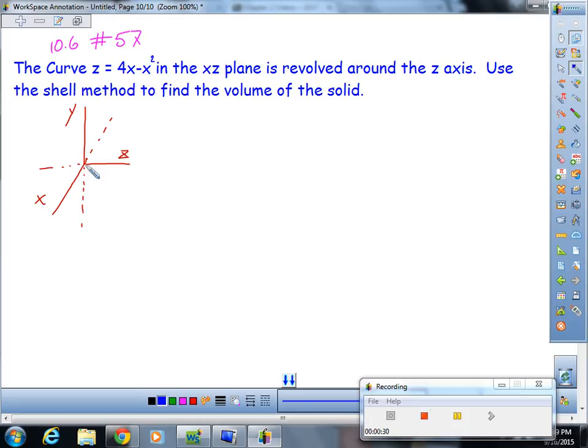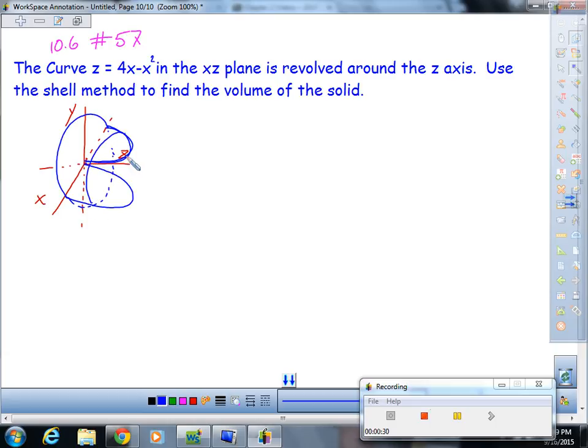It's going to look something like that, okay? It's revolved around the z-axis. So over there, you're going to have like a matching curve, if you will. And all of those points are going to be revolved.